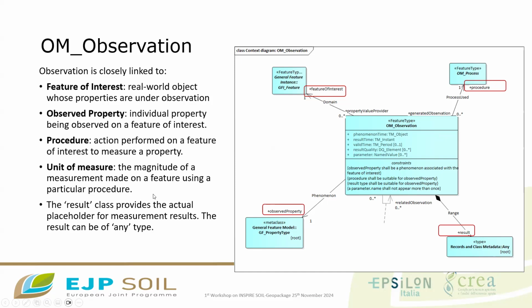The procedure is in the upper right of the image. And then clearly the observation is related to the unit of measure, so the magnitude of a measurement made on a feature using a specific procedure. And the result can be of any type, can be an integer, can be a text.